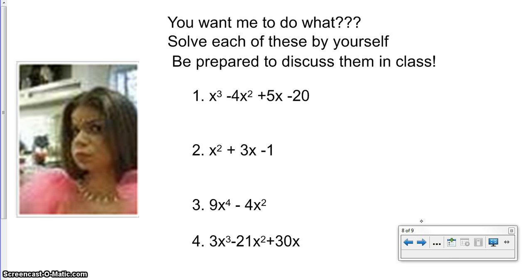You want me to do what? Yes, I do. Here's 4 questions. I want you to solve each of these by yourself tonight and be prepared to discuss them in class tomorrow. We're going to start class with this tomorrow, okay? Factor by grouping. See if you can factor it with common sense.